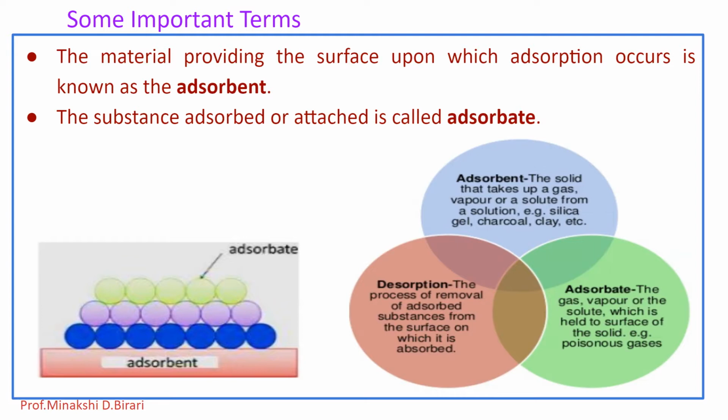The substance having the capacity or tendency to adsorb another substance is called adsorption material or adsorbent material. For example, activated charcoal, rice husk, egg shell, etc.